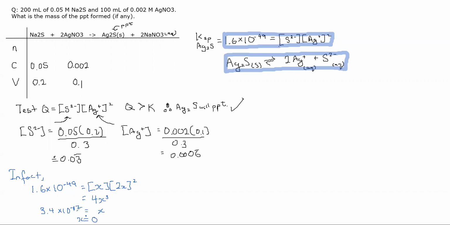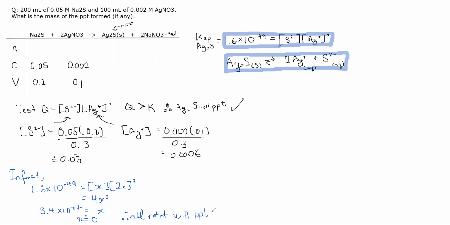This number is super small. For practical purposes, you wouldn't see anything being dissolved with the naked eye. So you can safely assume all reactant present in this question, whatever moles, all of it is going to react.